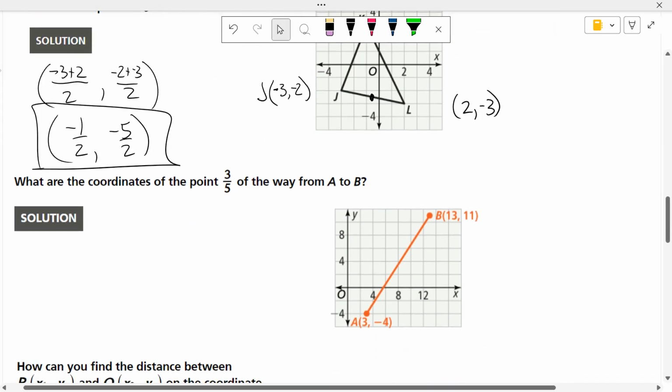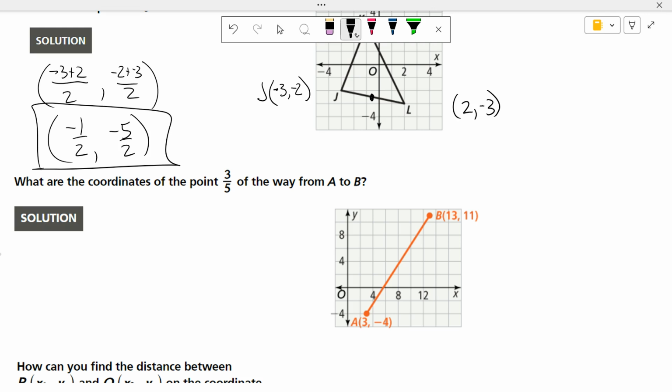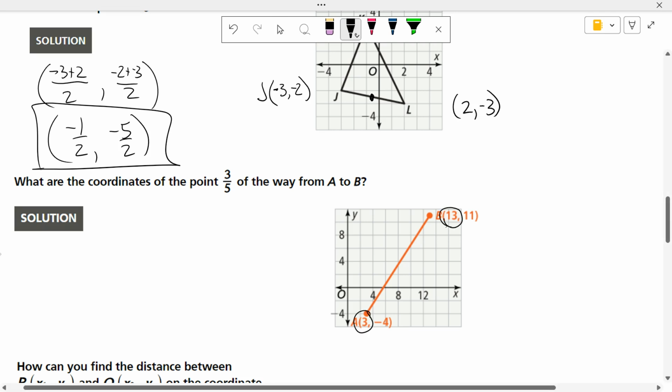All right. What are the coordinates 3/5 of the way from A to B? Ooh. Now we're not doing the midpoint anymore. We're doing a little more math. We're doing 3/5 of the way. Okay. So we got to find how far it is from 3 to 13.